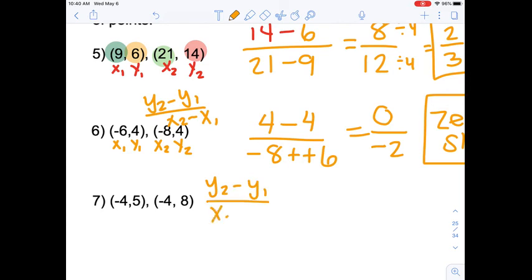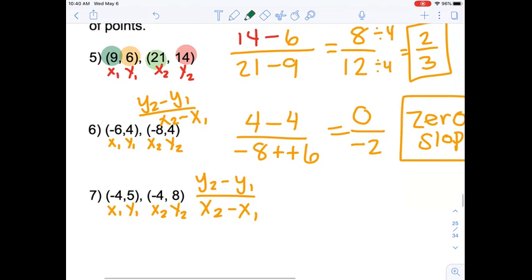So then this last one here, again, we're going to use that same formula, y2 minus y1 over x2 minus x1. I'm going to label these points, x1, y1, x2, y2. And then I'm just going to plug them in. So my y2 is 8. So I'm going to have 8 minus my y1 is 5. 8 minus 5.